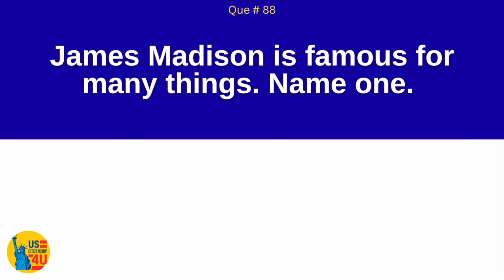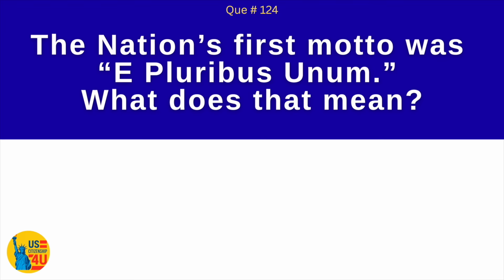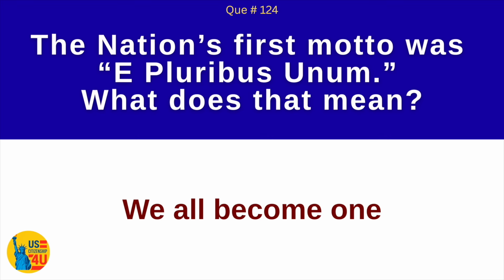James Madison is famous for many things. Name 1. Father of the Constitution. The nation's first motto was, E pluribus unum. What does that mean? We all become one.